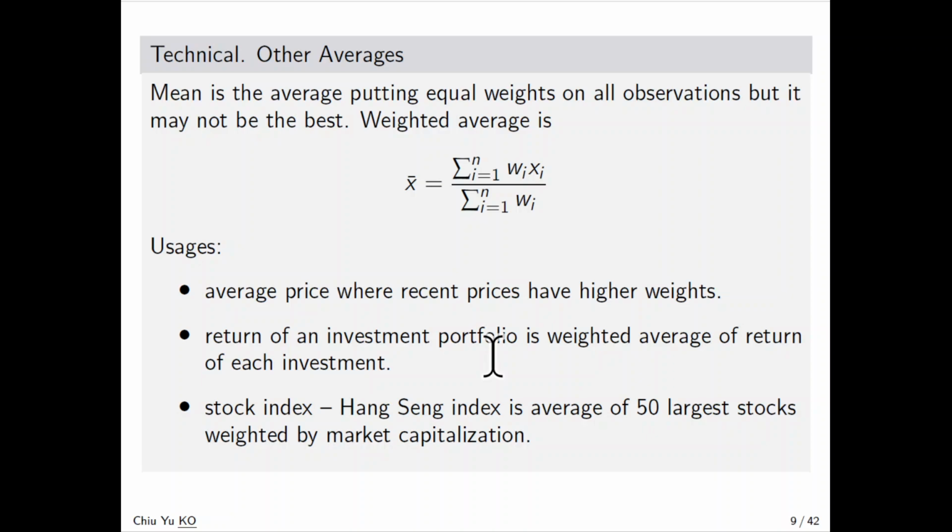Okay, but usually you don't do it. You may divide unequally. You invest more in one stock, less in another. Then calculating the return of the portfolio is actually calculating the weighted average. Okay, so the weighting will be the percentage of the investment in a particular stock in your investment portfolio.